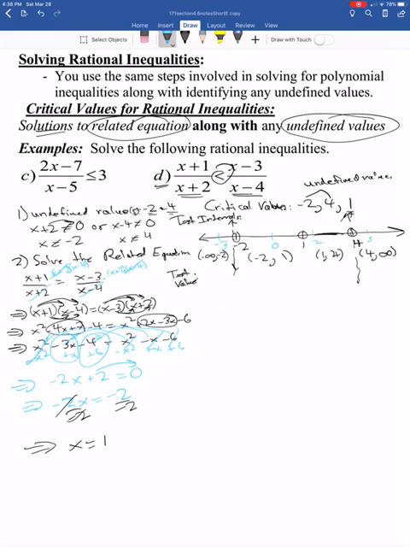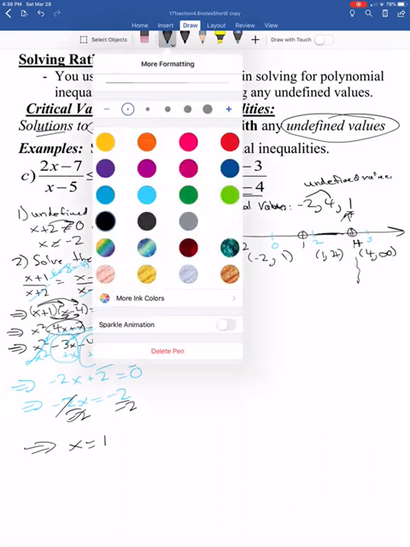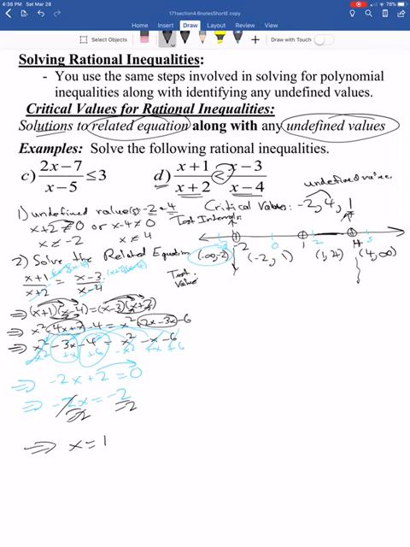So let's start with -infinity to -2. We're going to test whether to include this in the solution set. So let's plug in our test value. We have -3 plus 1 divided by -3 plus 2. Question, is it less than -3 minus 3 over -3 minus 4? Well, -3 plus 1 is -2. -3 plus 2 is -1.